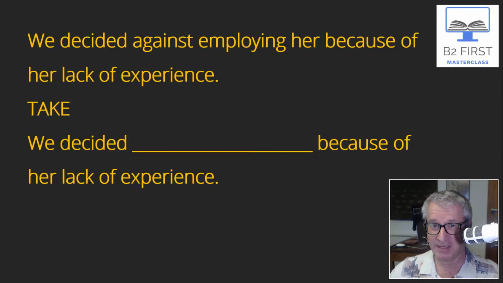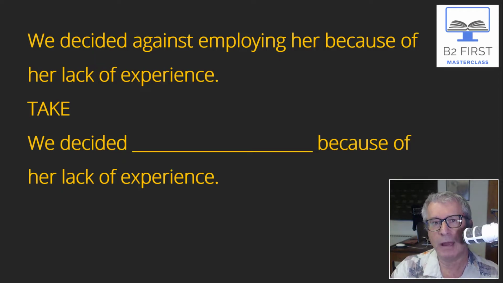Let's look at another phrasal verb. We decided against employing her because of her lack of experience. Lack means she didn't have any, or she didn't have a lot of experience. There was experience missing, a lack of experience. And the word we must use but cannot change is "take". We decided because of her lack of experience.